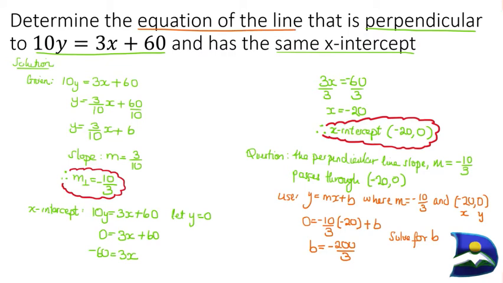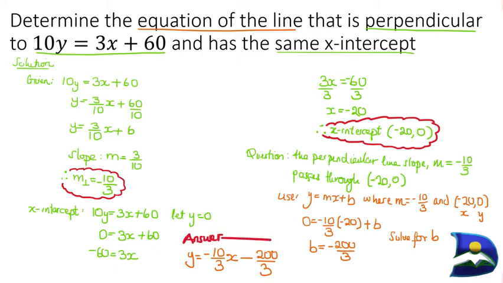The equation of the line is expressing y equals mx plus b in terms of the new slope, which is -10/3, and finally using the b, which is -200/3. So this is the new equation that is indeed perpendicular to the original equation given in that particular expression right there.